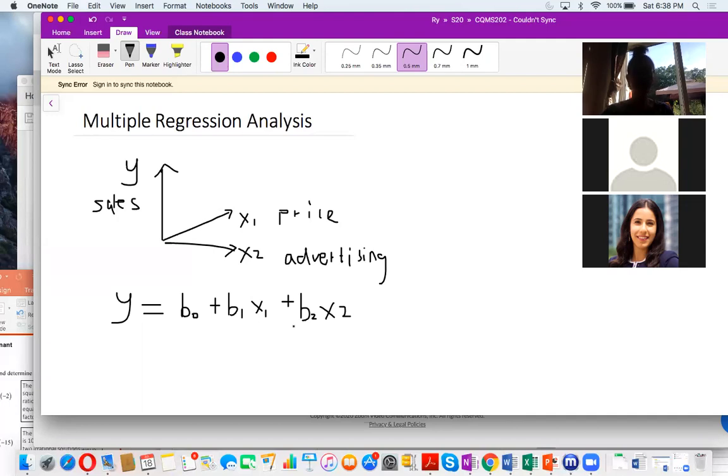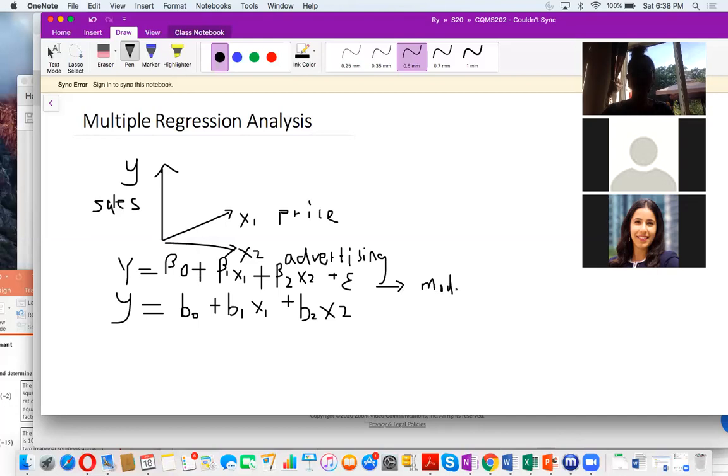If the question is about the model, you have to use capital Y, and you have to use beta 0, and you use beta 1 to represent the slope for x1, and beta 2 to represent the slope for x2. And also you have the error term epsilon.